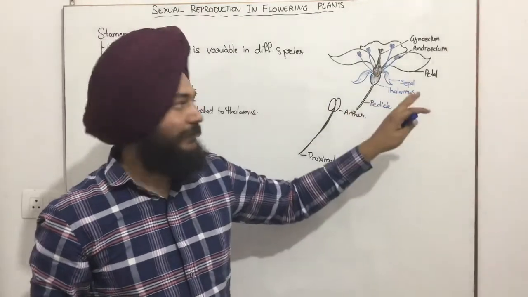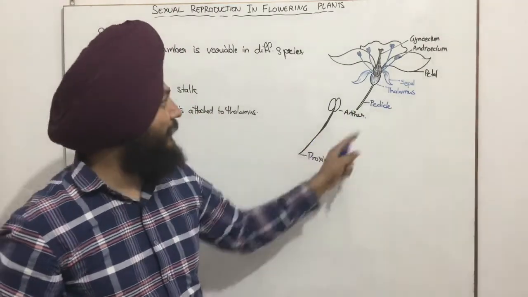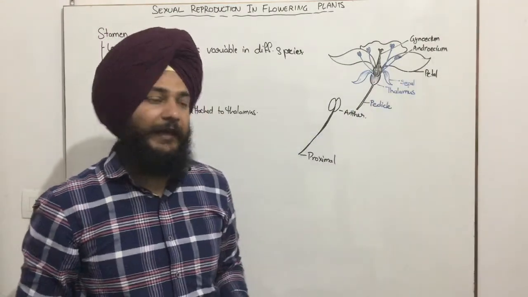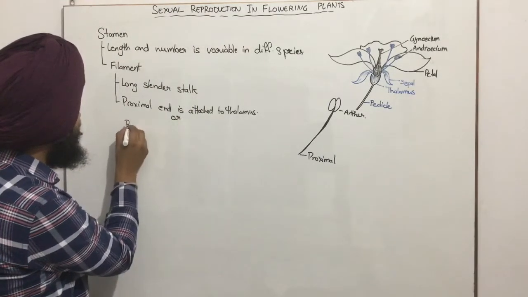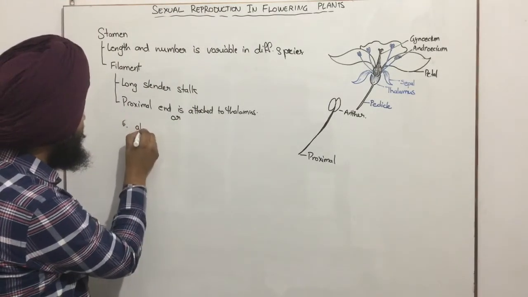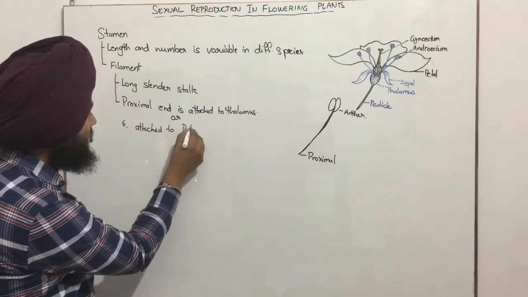There are certain cases when the proximal end of the stamen is attached to the petals, so it can also be possible that the proximal end attaches to petals.